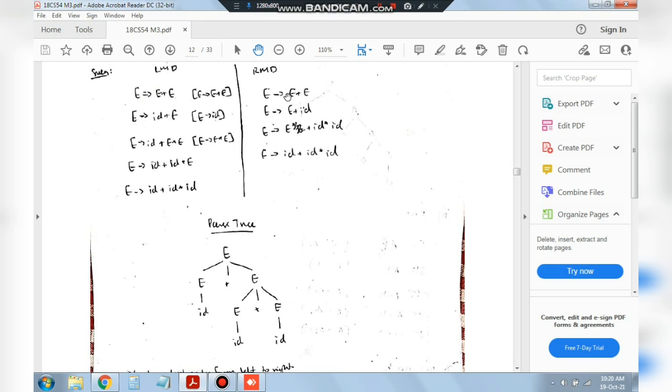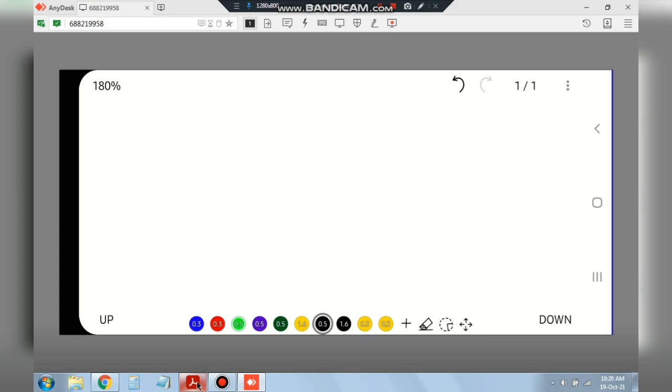Similarly, for the rightmost derivation, first we'll write E. Okay, let me write it down here. For the rightmost derivation, the question was ID plus ID into ID. Okay, so this is the question which is given to us.